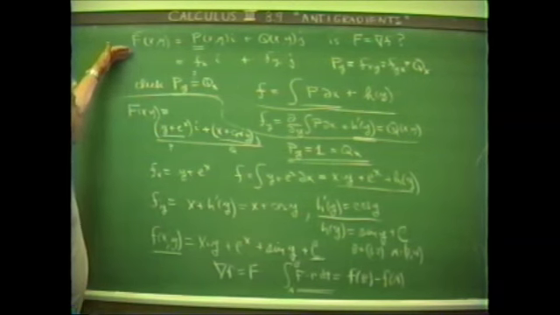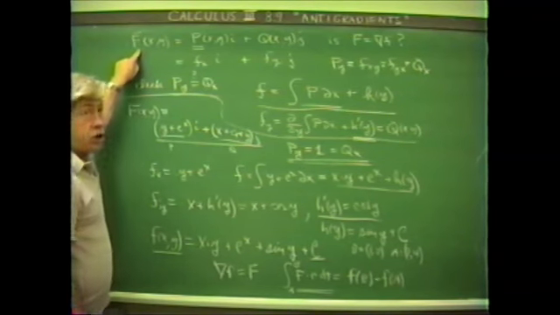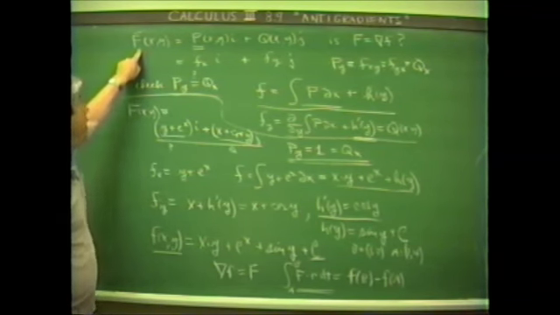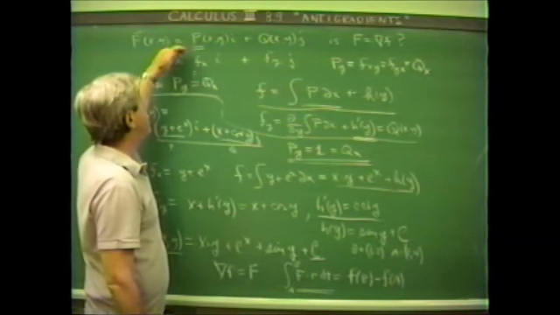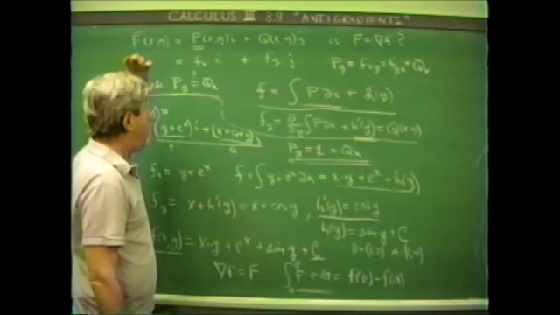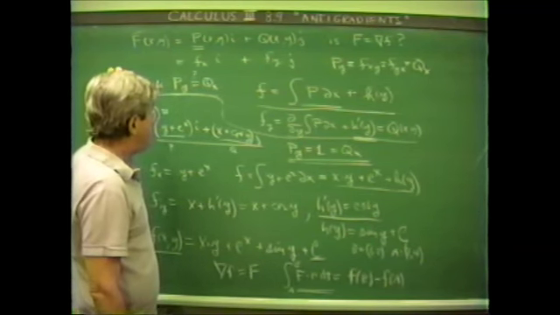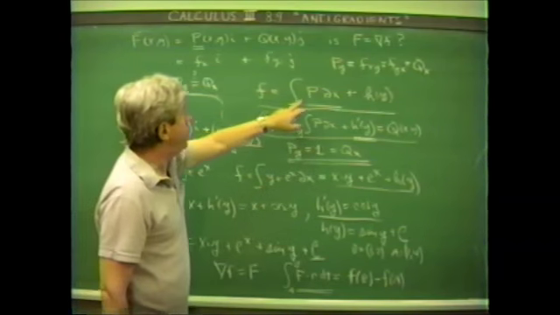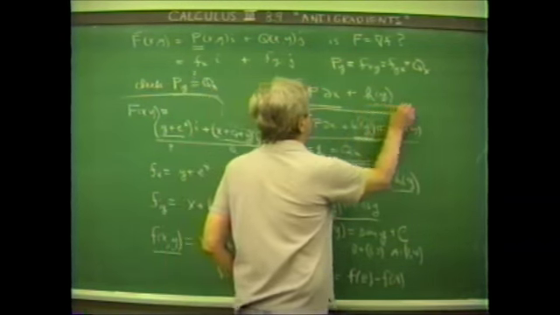Okay, so how to find antigradients? If you've got a function of 3 variables here, you clearly would have a lot of partial derivatives to match, and you can search for an antigradient in the same way as you do here, except that at each stage you want to allow the most general function.